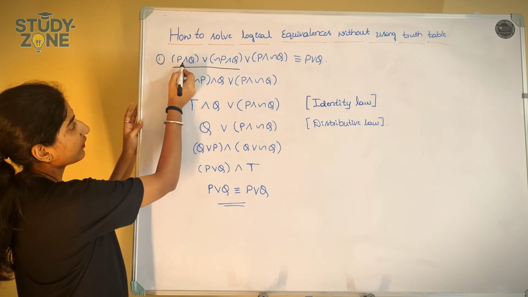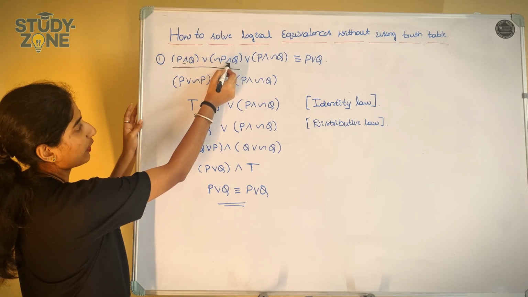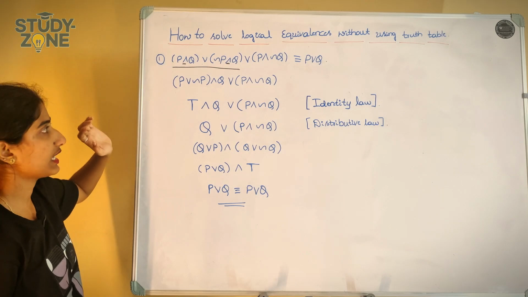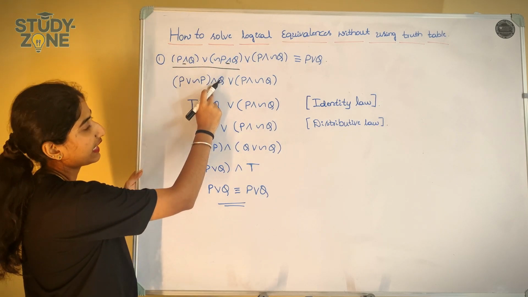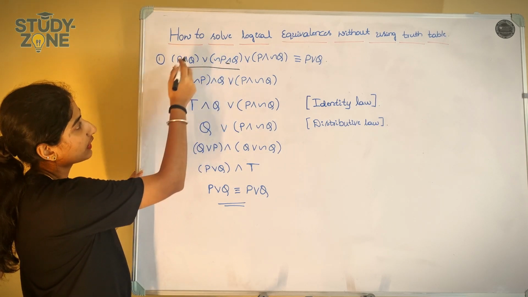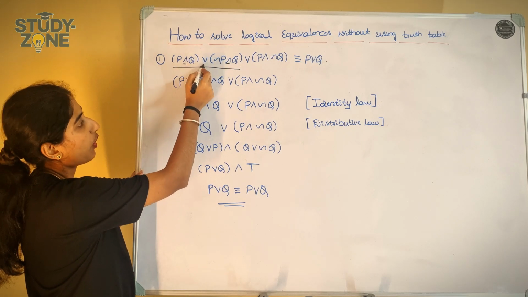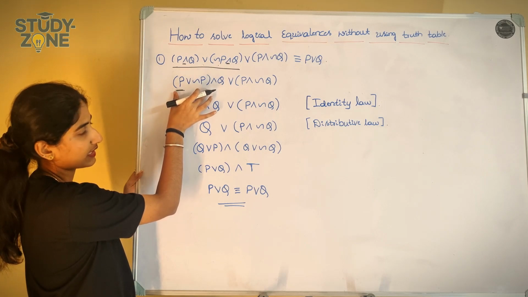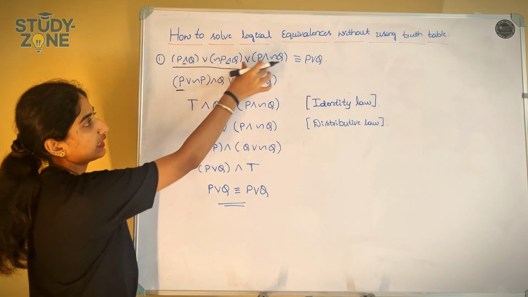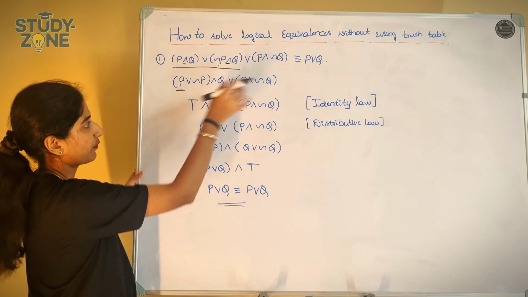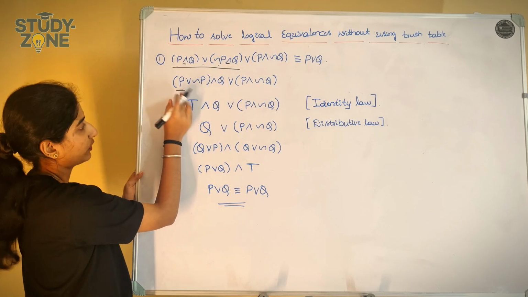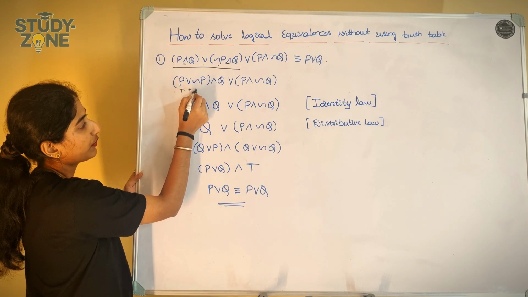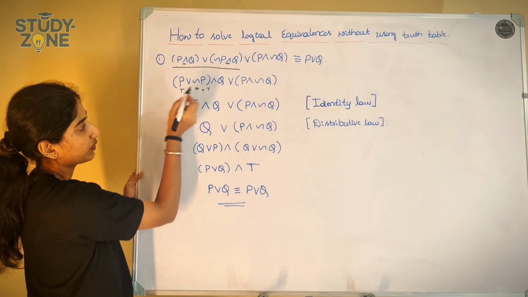So look at this, here we have and and here also we have and, which means we have and as the common term here, right? So we are taking this and Q outside. Then the remaining thing is P or not P. So take this P and not P this side and take Q common, and then the remaining thing is the same as it is. Look here, we know about this, that is true plus false is equal to true, right?